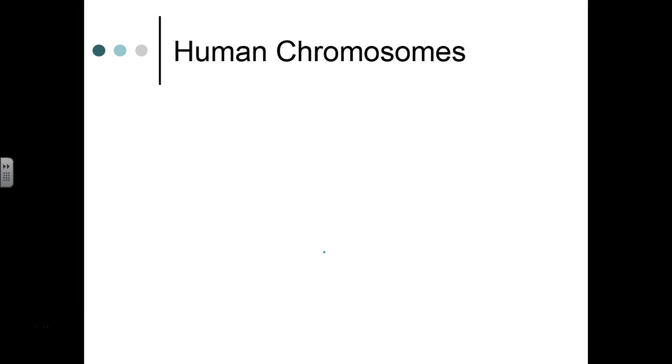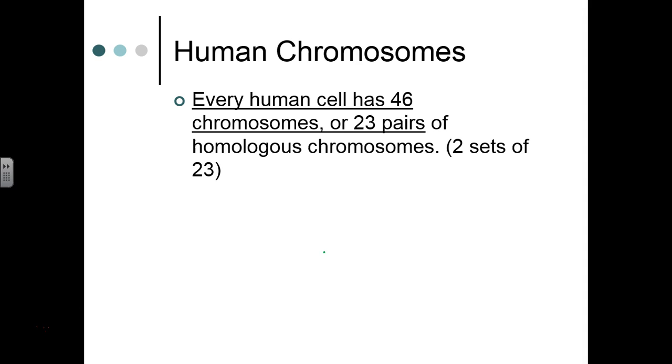Okay? So when we talk about human chromosomes, we have 46 chromosomes. They're in pairs, so we have 23 pairs, so we have 23 homologous chromosomes. And again, that means one from each pair is a paternal chromosome that you got from your father, and the other one is a maternal chromosome that you received from your mother.